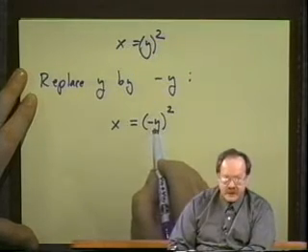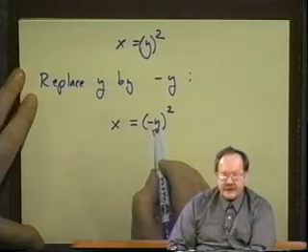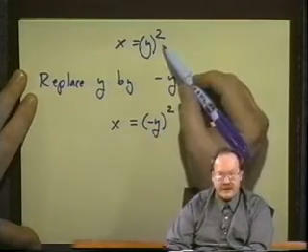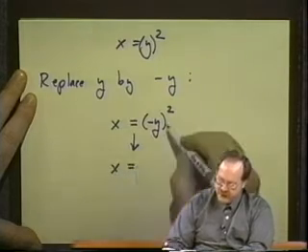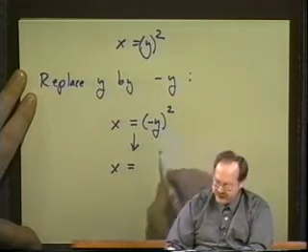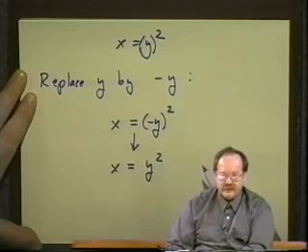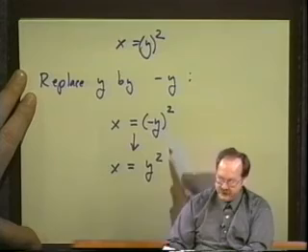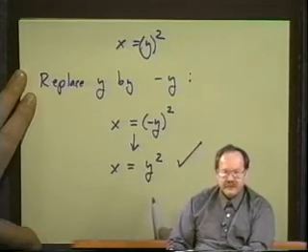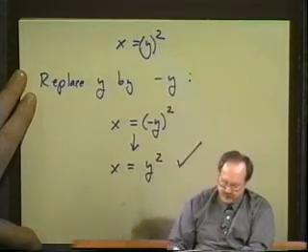So I'm now replacing the y by minus y, and I have to ask myself, is this the same equation as the one above? Well, of course it is. This is x equals, whether you square minus y or y, it's still y squared. Because the minus part is minus 1, square that, you get 1. So yes, it is the same equation as the original.